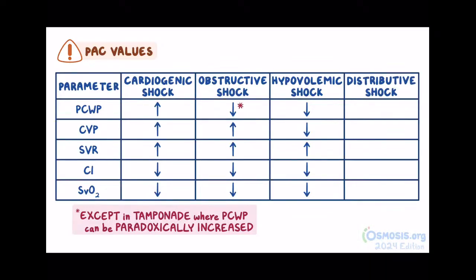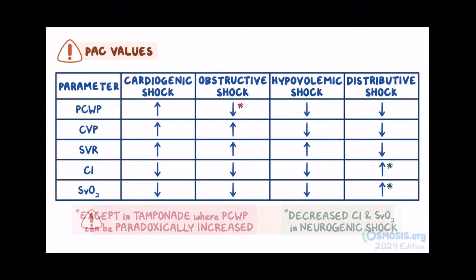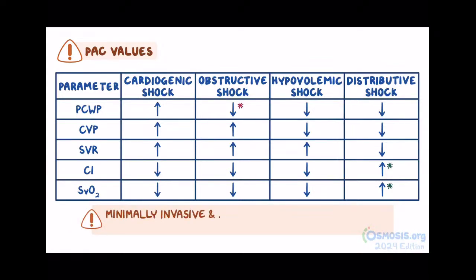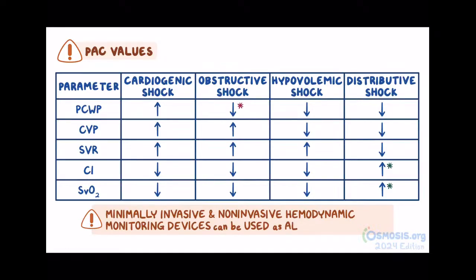In distributive shock, your PAC values will reveal a decreased PCWP and CVP, decreased SVR, and increased CI and SvO2 in sepsis or anaphylaxis, but decreased CI and SvO2 in neurogenic shock. Also, keep in mind that there are minimally invasive and non-invasive hemodynamic monitoring devices that can be used as alternatives to PAC.